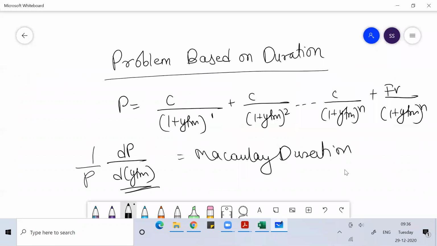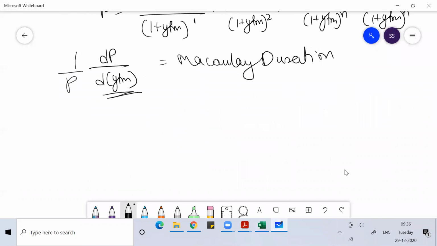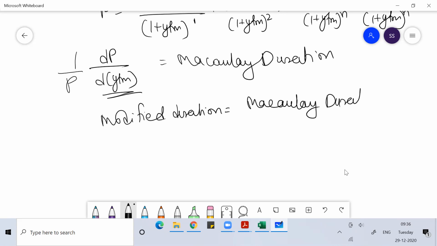Whenever I say modified duration, what is basically a modified duration? If you want to determine it, it is nothing but Macaulay duration divided by (1 plus YTM divided by m).